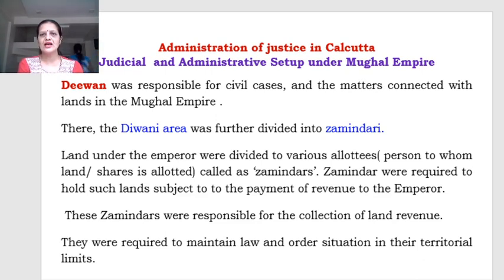So zamindars were required to hold such lands subject to the payment of revenue to the emperor. So zamindars used to collect revenue, and they had to make payment to the emperor. They were also required to maintain law and order in their respective territories.